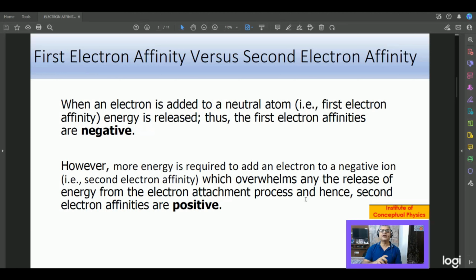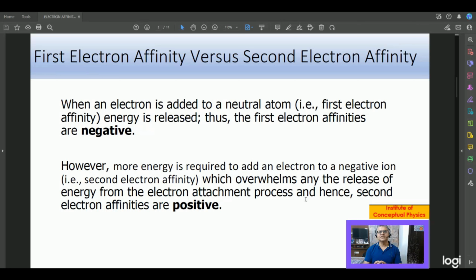The moment you try to add an electron to this atom, which is already negative because of the first electron you have already added, it will not be an easy task. It is very difficult to add an electron to an atom which is already negative and an anion.